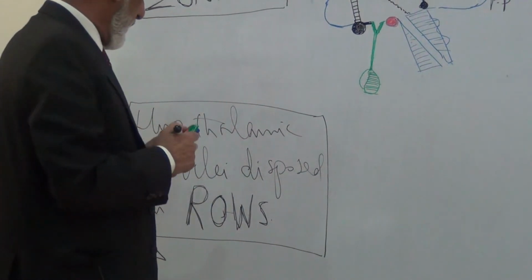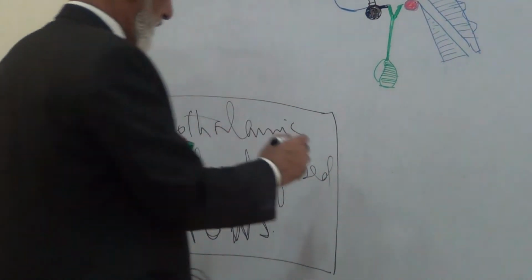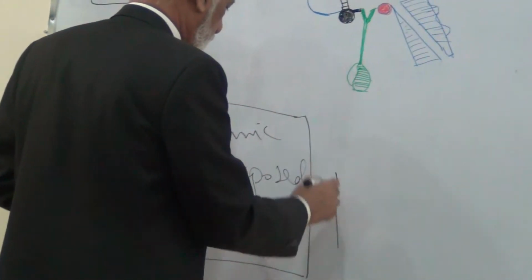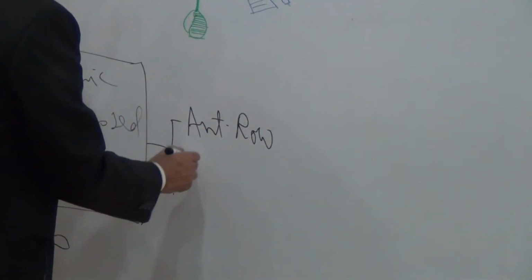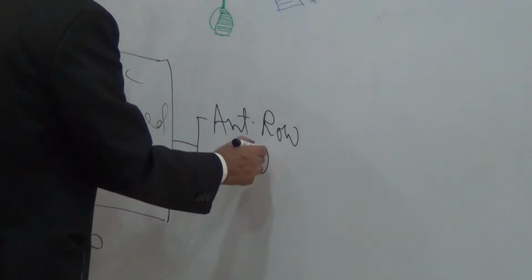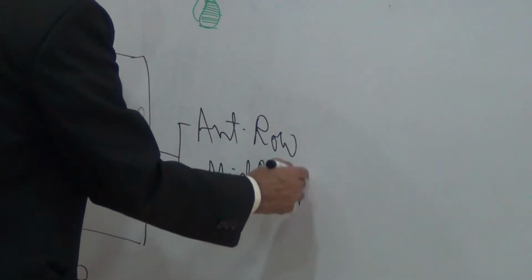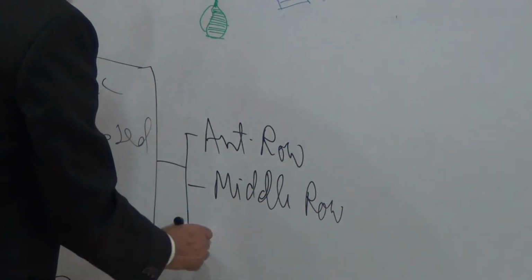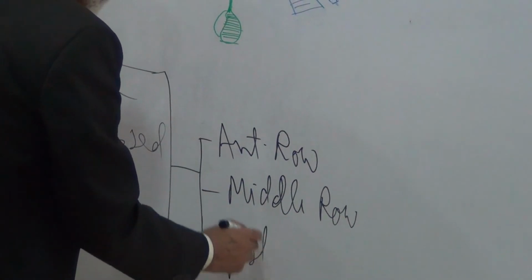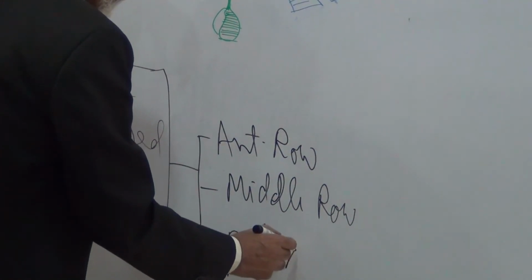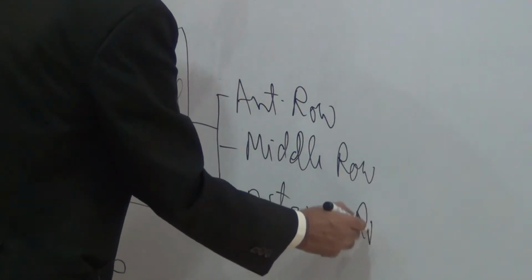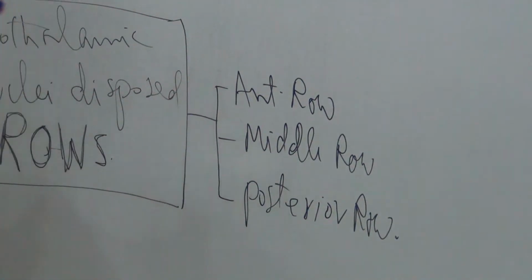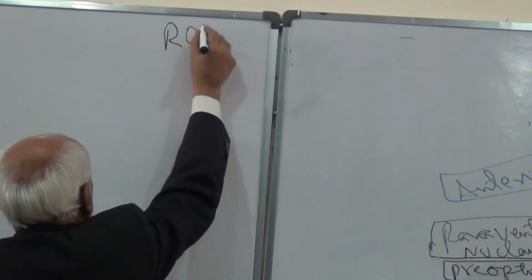So we divide them into anterior row nuclei, middle row, and nuclei in the posterior row. So nuclei disposed in rows.